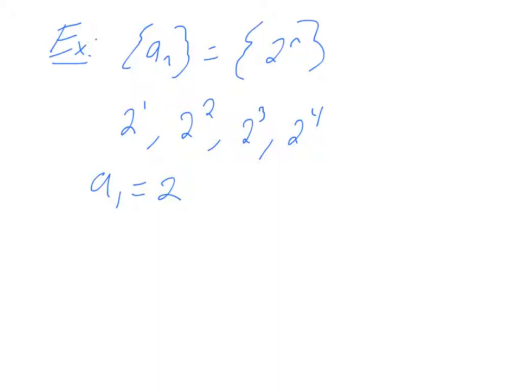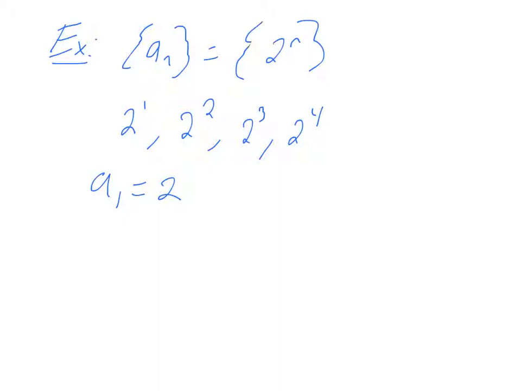Actually, let's say that instead it's going to be 3 times 2 to the n. Now, let's just leave it like this. I take that back. All right. So a sub 1 is 2, and every subsequent term is 2 to the 2, 2 to the 3. We multiply by 2 a certain number of times.